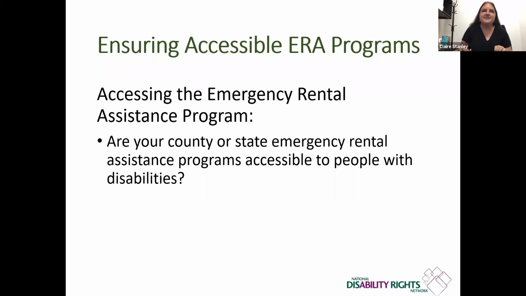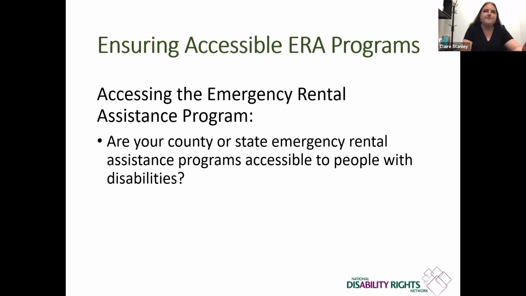And I do want to put out there too, it's not just the tenant, it could also be the owner of the building. If they have a disability, can they get this information? One of the people who first spoke today talked about making this information visible. Are we putting it out there so that both tenants and landlords know that these programs are available?